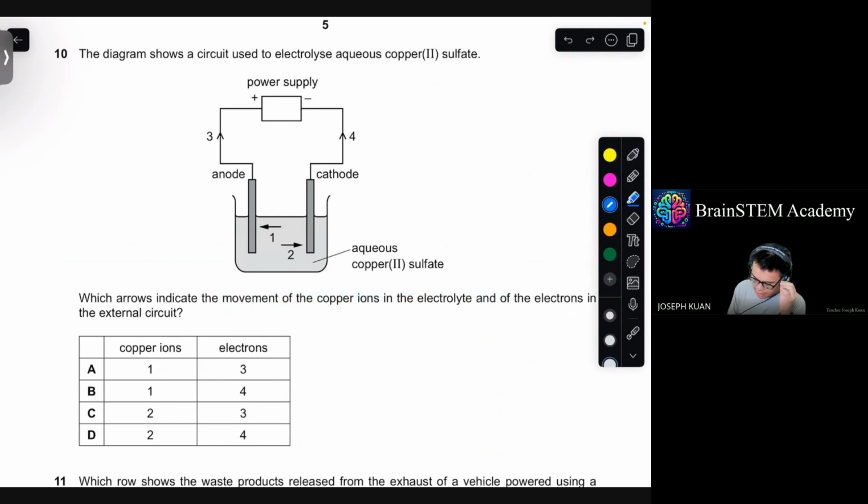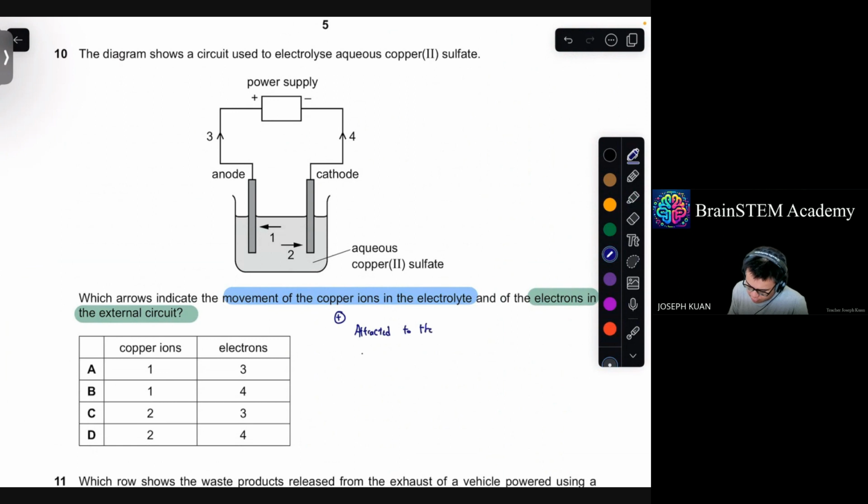One is about the ion movements in the electrolyte, and the other is on the electrons in the external circuit. Copper ions are positively charged, so they are attracted to the negative terminal, or I should say the cathode.